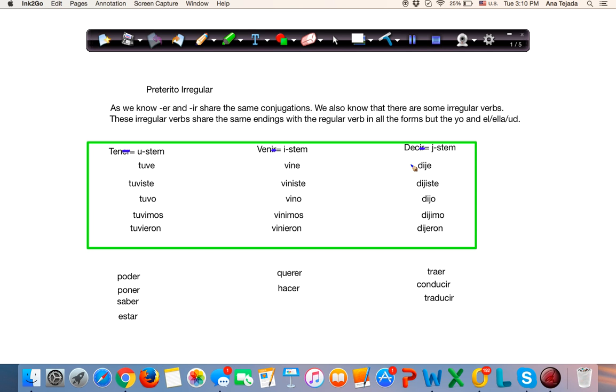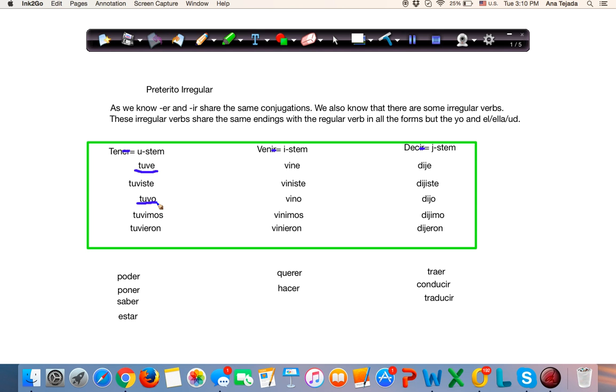Okay, so this is what happens. All the endings are going to be the regular endings for preterite verbs, right? For ER and IR verbs, the endings are going to be the same as the regular verbs, with the exception of the yo form and the usted, él, ella form.